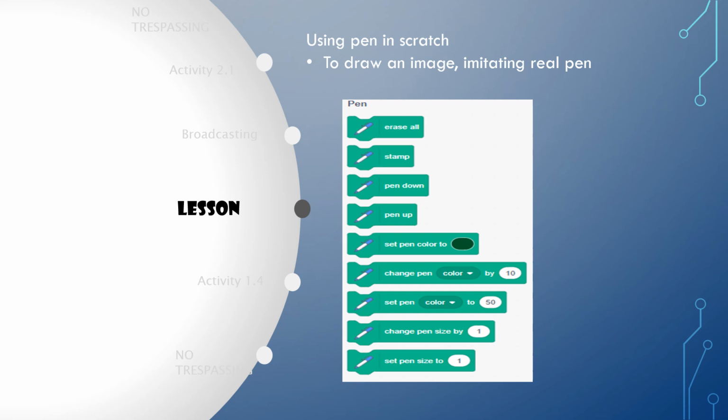You will have options such as erase all, stamp, pen down, and pen up. Now you need to know about these basic things: erase all, stamp, pen down, and pen up.